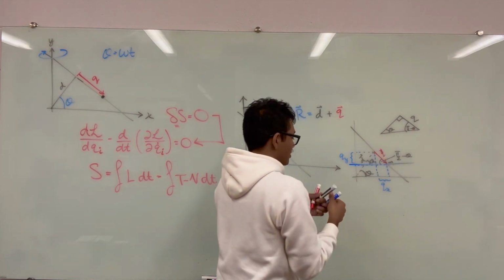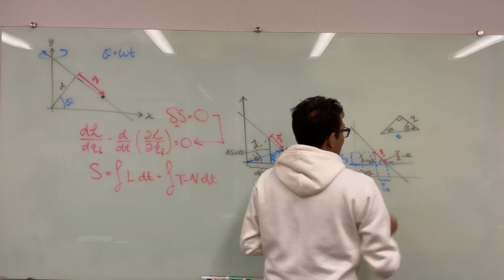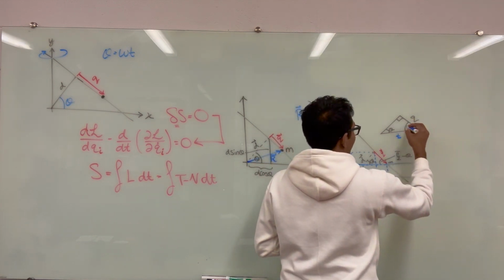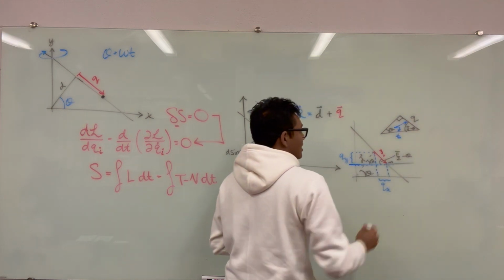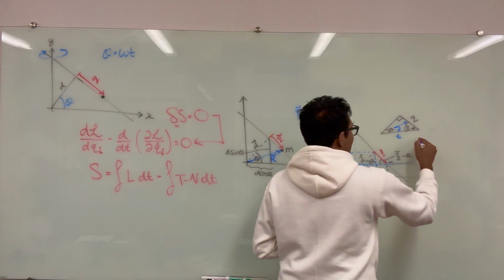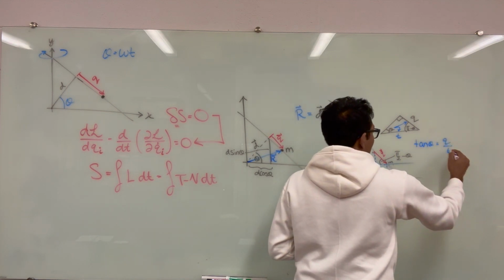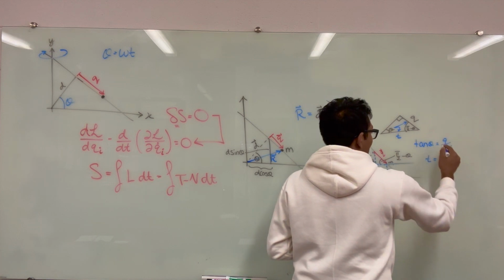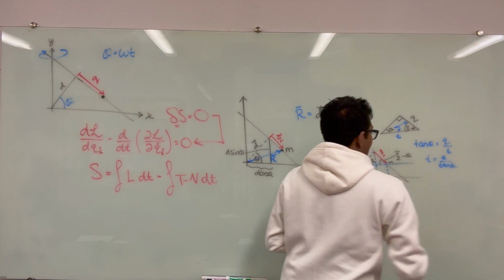This leg of the triangle is what? I'll just call it T. So we have this angle, and we have this side. So opposite and adjacent. So we have tangent of theta is opposite over adjacent. So our side here is Q over tan theta.